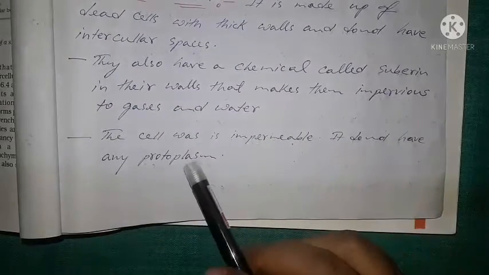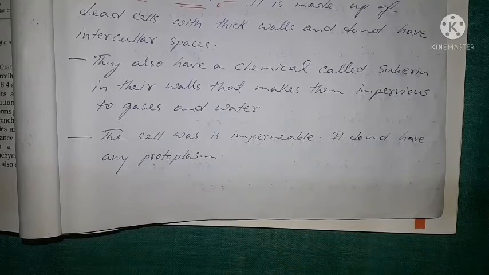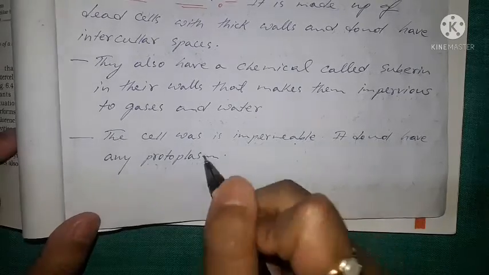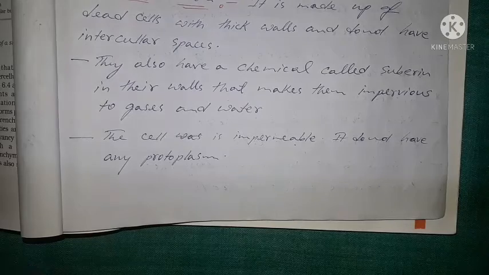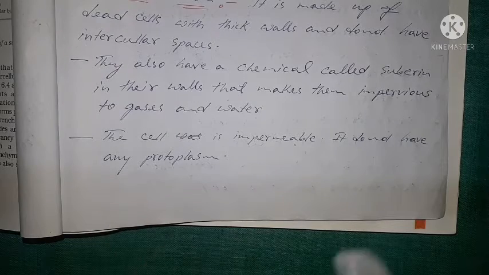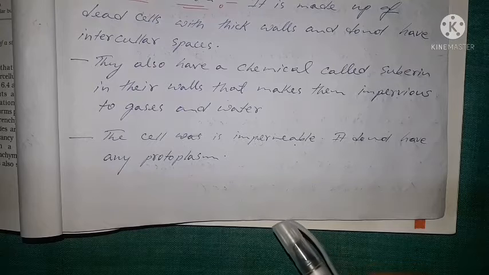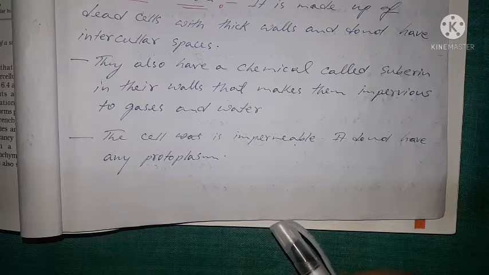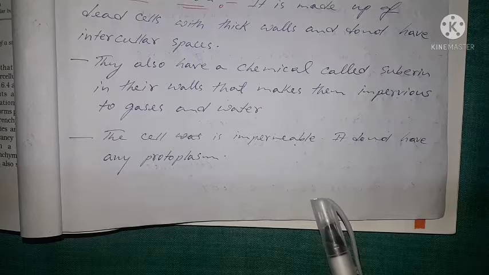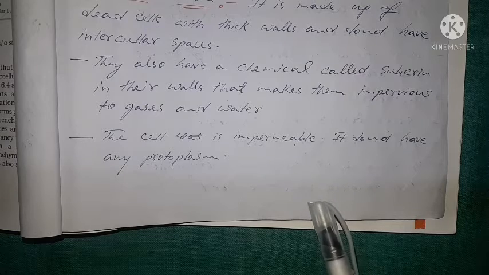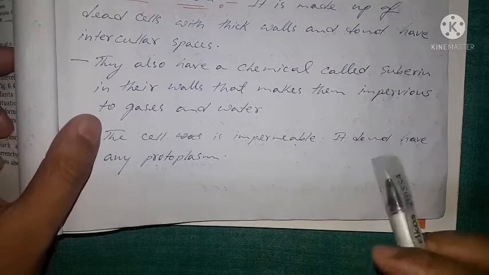The cell is impermeable, that means nothing can enter through that cell. Since it consists of dead cells, it does not have any protoplasm in it, and the cell is impermeable.